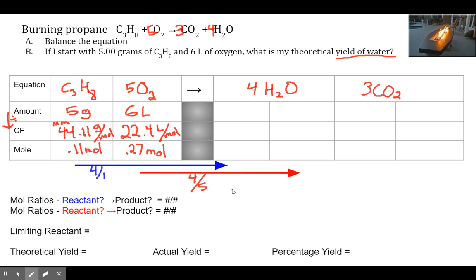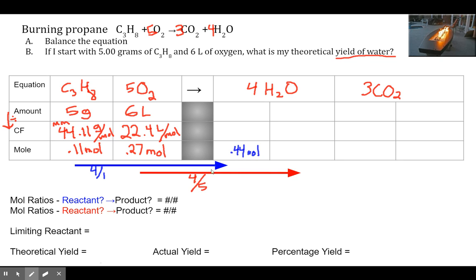So we can compute our product for each of these. If I take the 0.11 and multiply it by 4, I get 0.44. So this one right here, I'm going to get 0.44 moles of water from that propane.